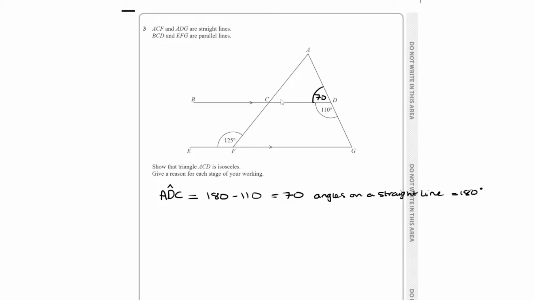Okay, the next one. We want to work out either the C angle or the A angle, whichever we can figure out first. I think C is the next one. We've already used 110, so the other thing we haven't used is 125. So how can I relate 125 up here? There's actually multiple ways to do this one. Loads of different ways. The way that I was going to do it is I would work out BCF, and then it would just be opposite, wouldn't it?